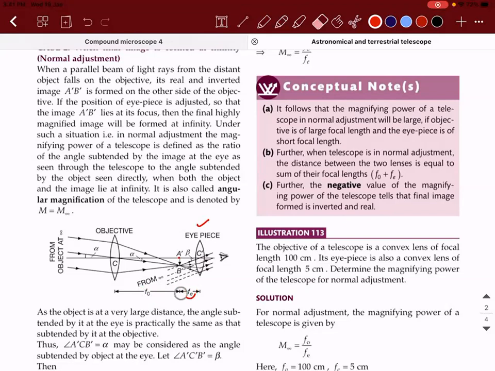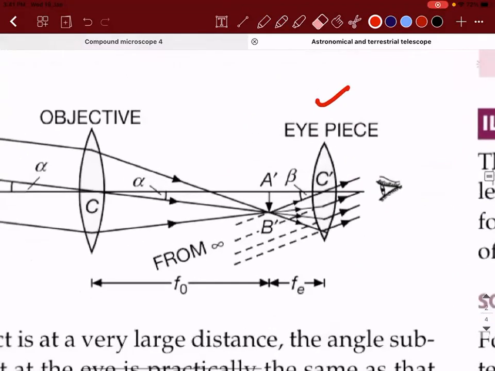Right? So this is the simplest derivation you would have seen. Observe. So if I take this as alpha, what is tan alpha, guys? Height of this object divided by F naught.